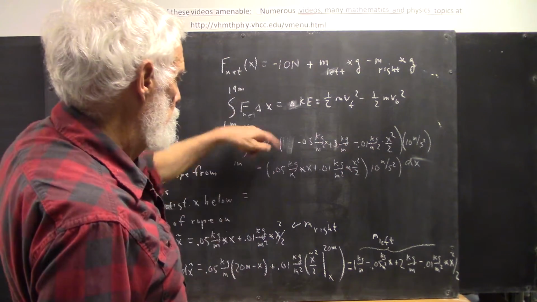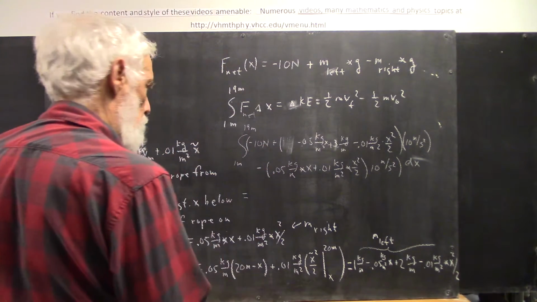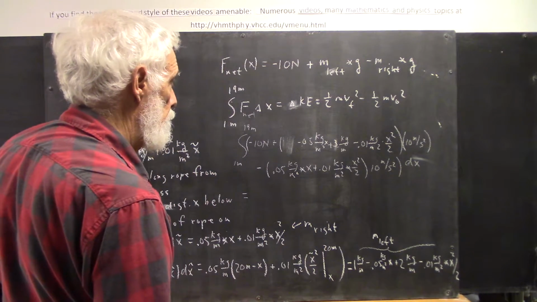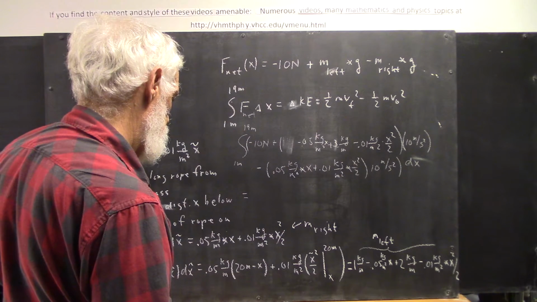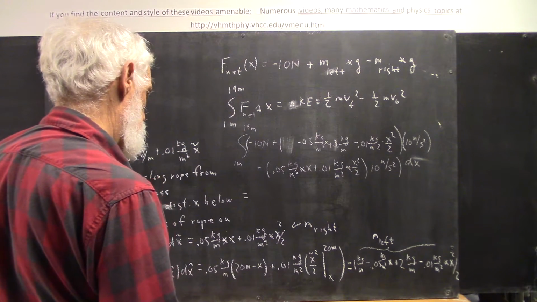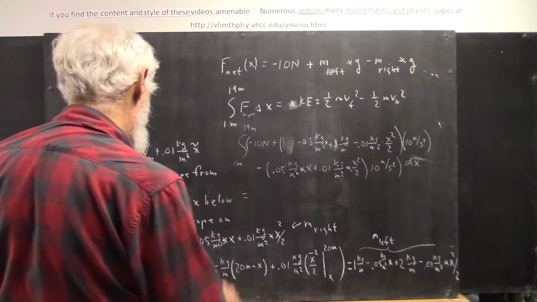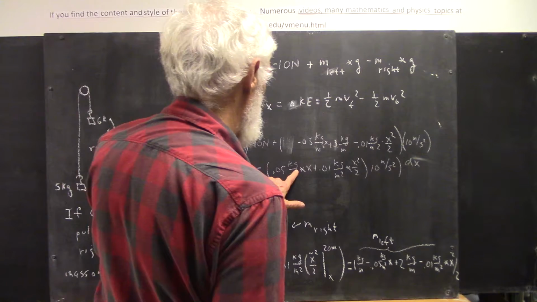And we have a negative 0.05 kilogram per meter squared times x here. Where did I write that? Okay, that's kilogram per meter squared. No, I'm sorry. Kilogram per meter.